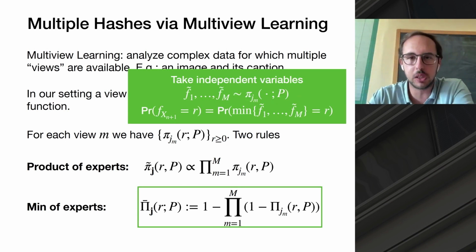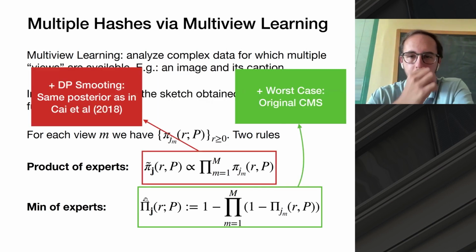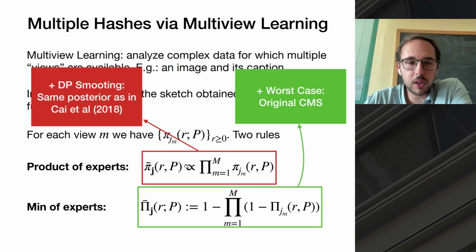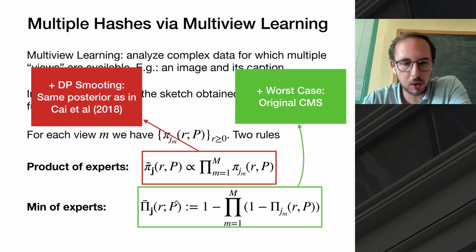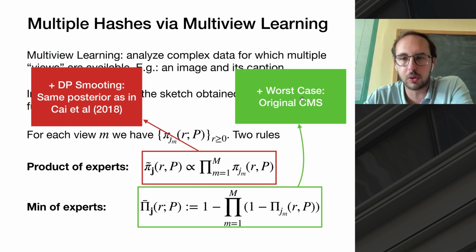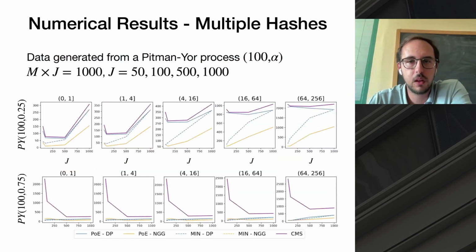It's just a probabilistic minimum here. And interestingly, if we take the first kind of rule and we apply a Dirichlet process prior, we obtain the same posterior as in the original paper by Cai and co-authors. And if we take the minimum rule and we apply a worst case analysis, then we recover the original count-mean sketch.